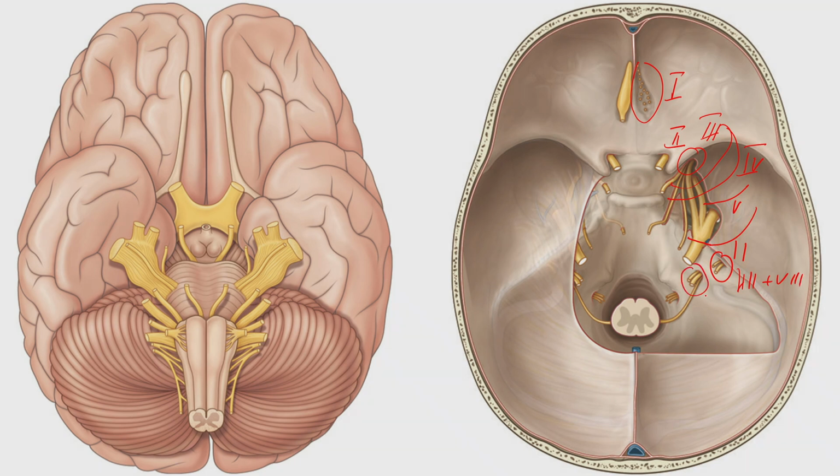Here is the jugular foramen, where are 9, 10, 11, and the last is 12. So those are the nerves as they arise from the skull, entering some holes.